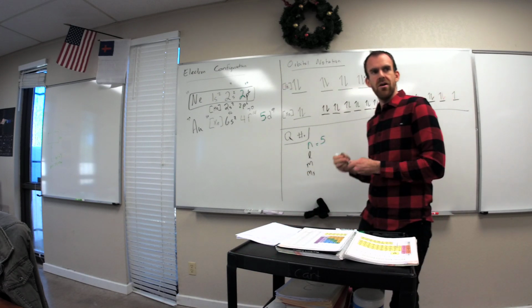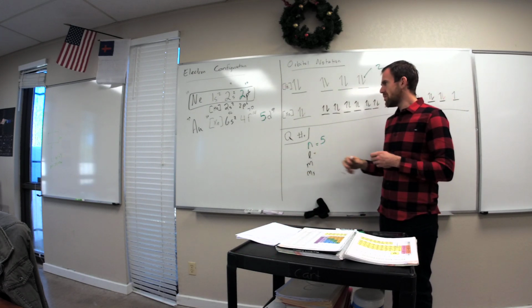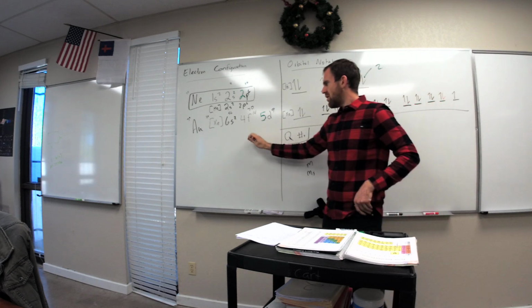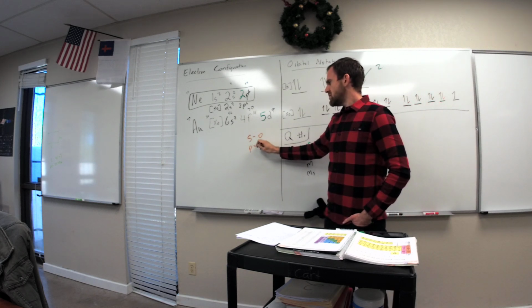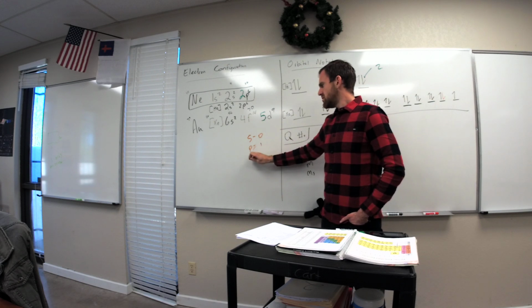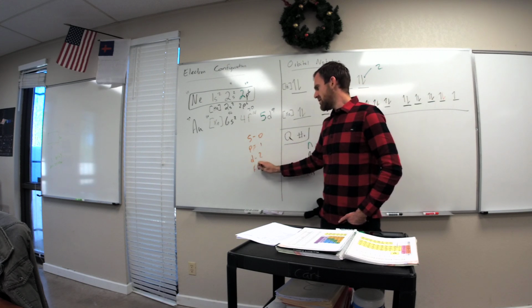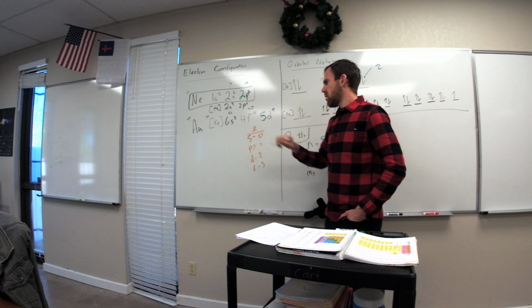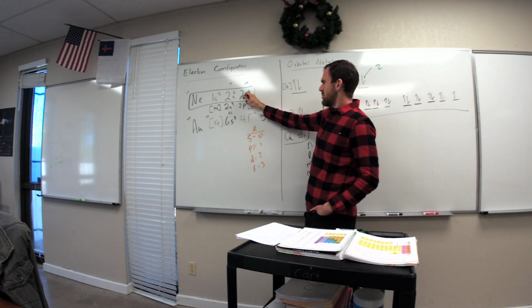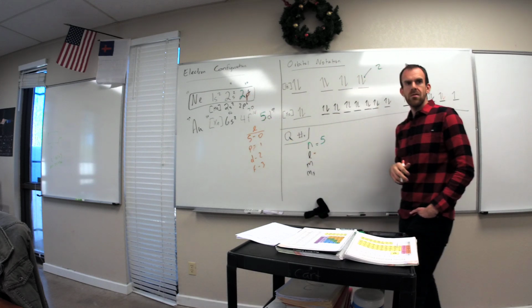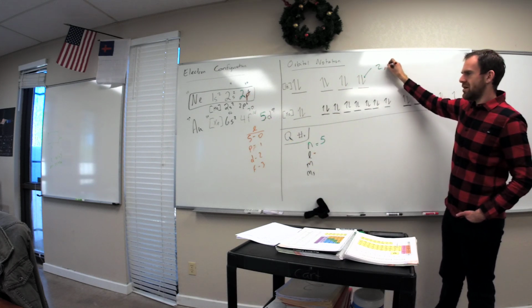L stands for what orbital it's in. So s would be 0, p is 1, d is 2, f is 3. So here, our last one was in a p orbital, so my quantum number for that would be 1.